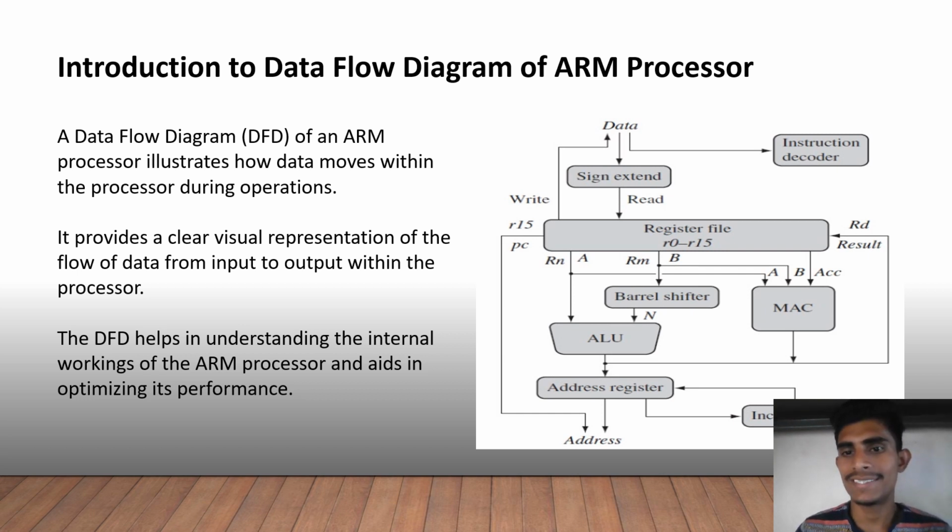We can find in this diagram that data is flowing, and we find the instruction decoder here. Registers are used to store the temporary data, from R0 to R15.